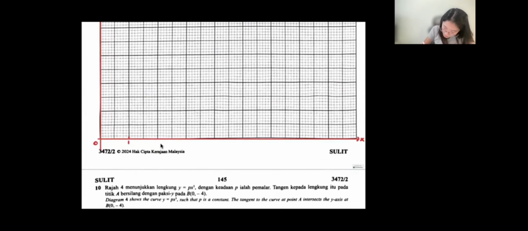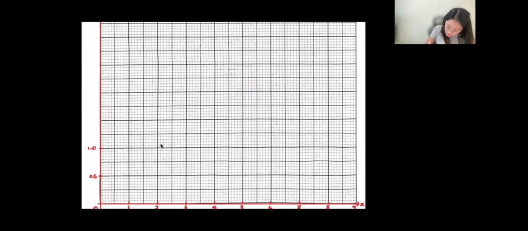Then 1, according to the scale, 3, 4, 5, 6, 7, 8, 9. My graph will not be as accurate because this is scanned out. You see a little bit of inaccuracy over here.